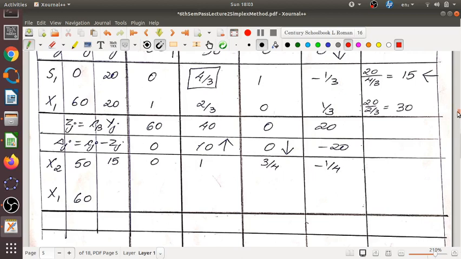Again, I have to make the other elements of the incoming vector 0. This element has to be made 0. So this will be R2 changes to R2 minus 2 by 3 times R1. This is what I have to perform here.